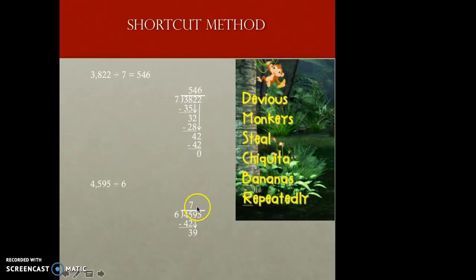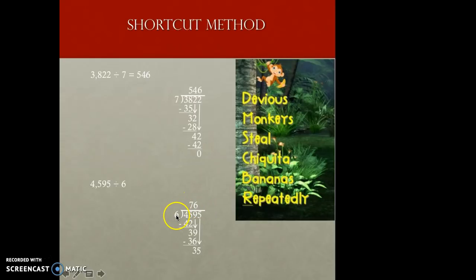So how many 6s are in 39? That's our new division problem. I know there are 6 of them, so it's time to multiply that out. 6 times 6 is 36. S means subtract. CH, I need to check. I'm all set there. B, bring down. And I repeat.